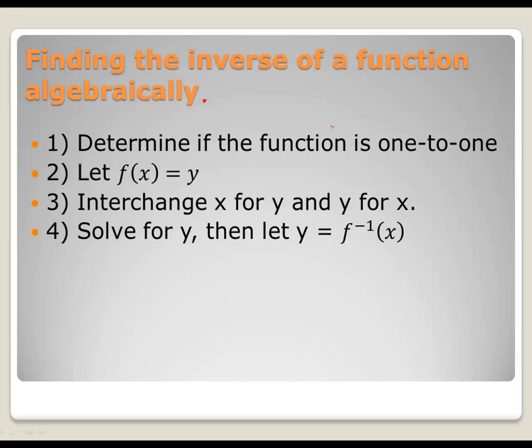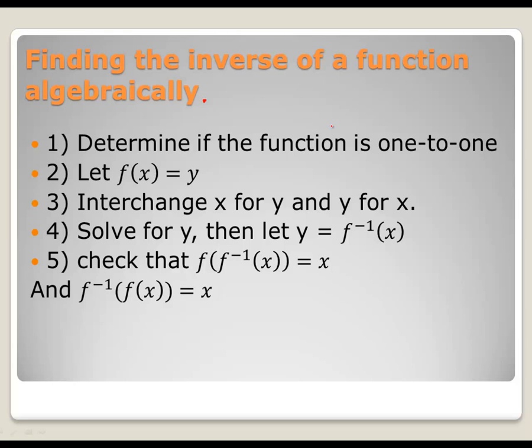And then we need to solve for y again. After we solve for y, we replace y with f inverse of x, our inverse function. And then, of course, we need to check that f of the inverse function of x equals x, and the inverse function of f of x equals x.